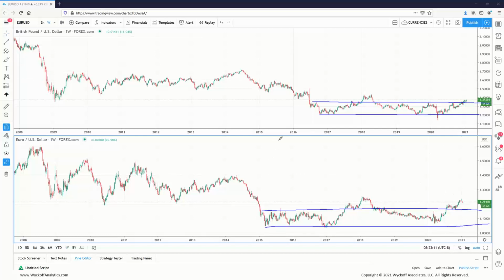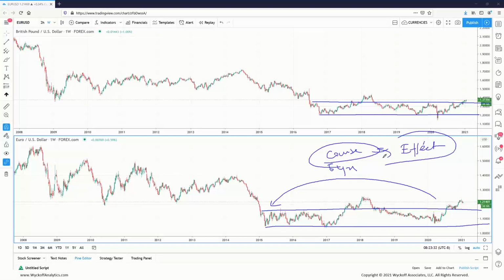A couple of ideas here for you who are traders of the currency markets. Whenever we look at a long-term trading range and see how many years we have here, five years, this is a big cause. And this suggests that the effect of this cause is going to take some time, so the uptrend that we're expecting might continue for some time.